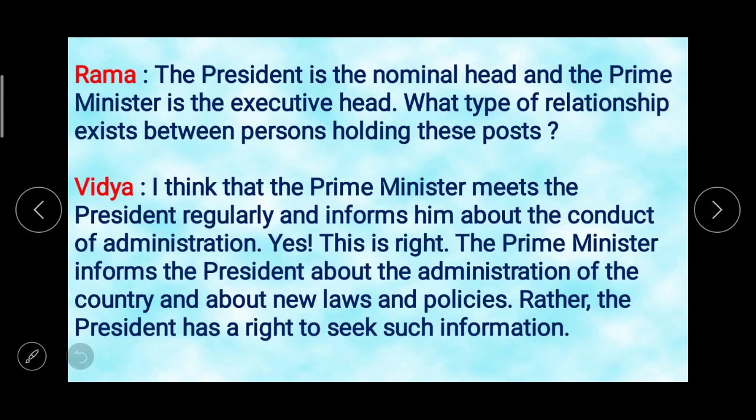Here is one chat box given in this. See, the president is the nominal head and the prime minister is the executive head. Rama is asking, then what type of relationship exists between persons holding these posts? And then Vidya answering this question, I think the prime minister meets the president regularly.